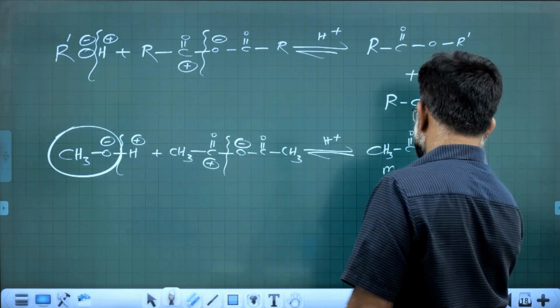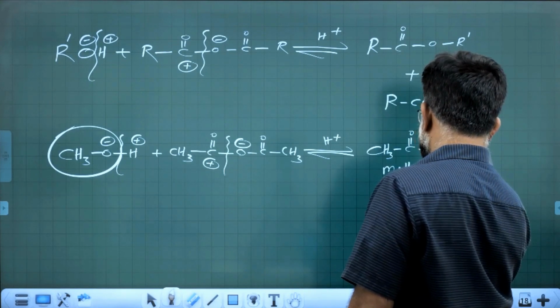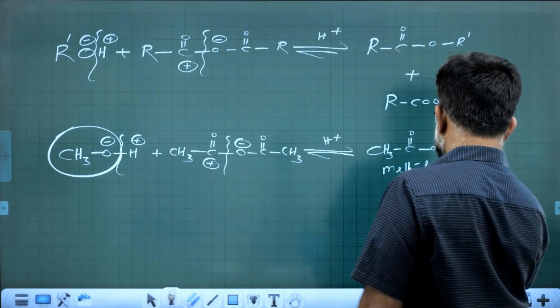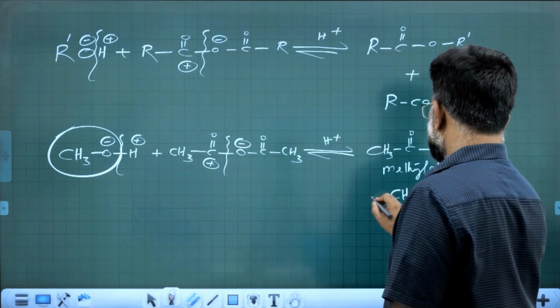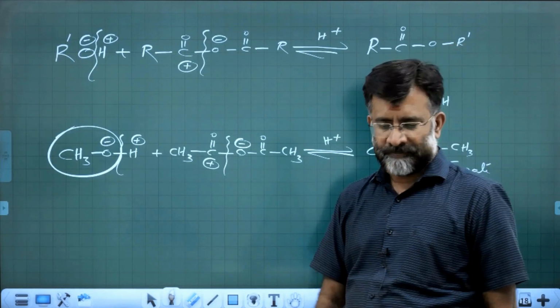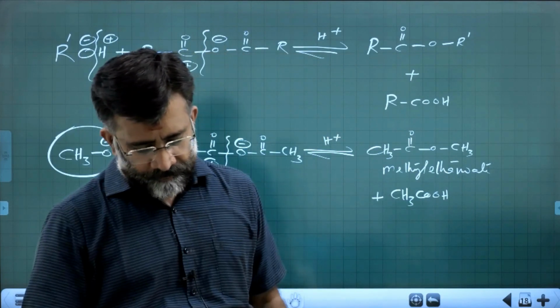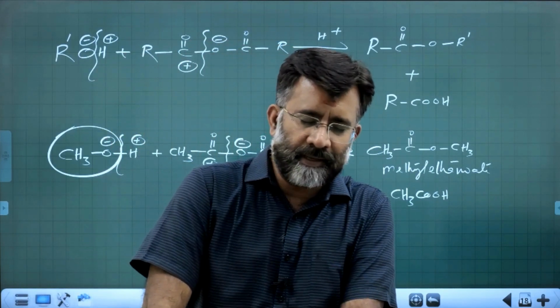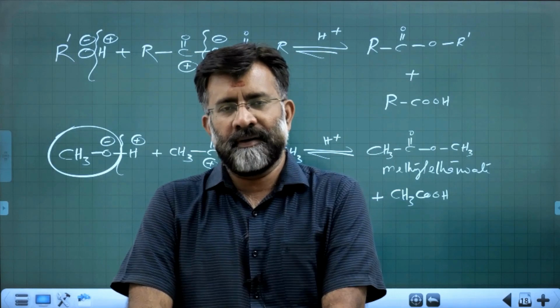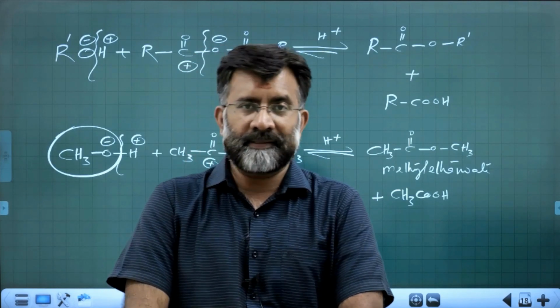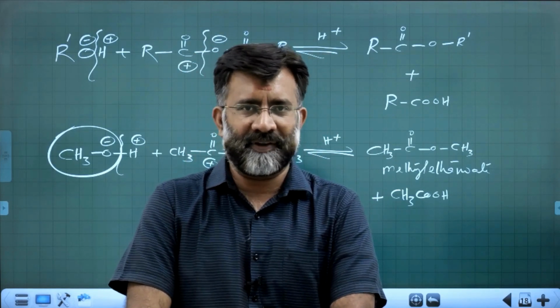So you get methyl ethanoate and acetic acid, right? That covers the reaction with the carboxylic acid and with the acid anhydride, for alcohol and phenol.